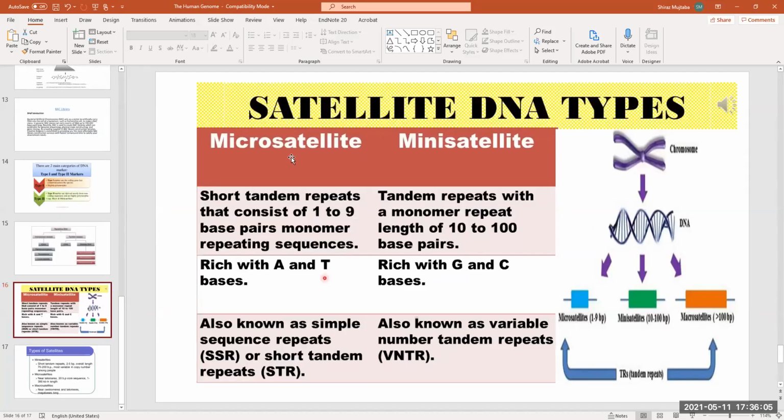A microsatellite is a short tandem repeat that consists of 1 to 9 base pairs, rich in A and T. They are also called simple sequence repeats. Minisatellites are tandem repeats rich in G and C. So the major difference: microsatellites are rich in A and T, whereas minisatellites are rich in G and C, and they are called variable tandem repeats.